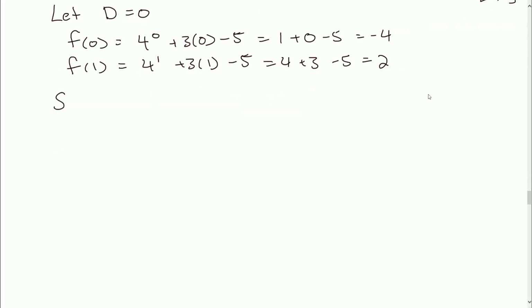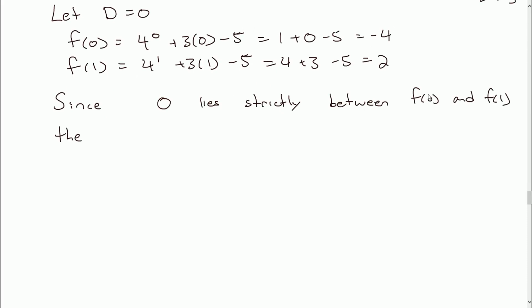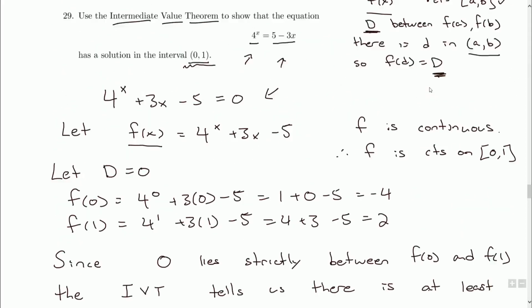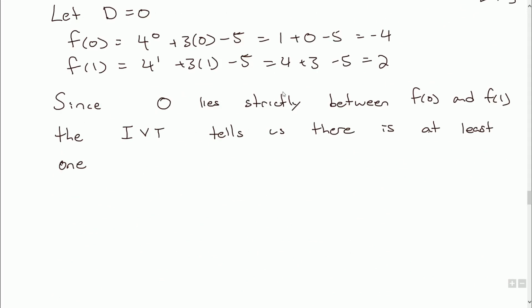So, since 0 lies strictly between f at 0 and f at 1, the intermediate value theorem, which I'd probably abbreviate IVT, tells us there is at least one, and since they wanted a solution, we might say x, there's at least one x in (0, 1) so that f of x equals 0.